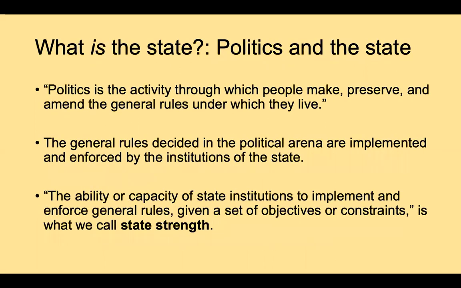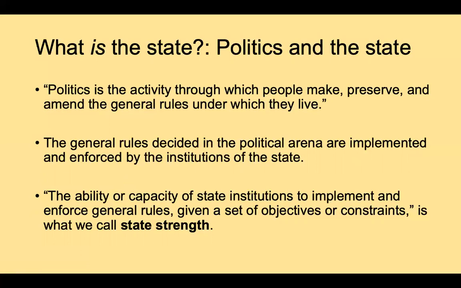Now, the question of politics in the state is an important question, and it helps us to understand how these big concepts relate to each other and how, as we go forward, politics will remain important to what we do with the state. Now, we understand politics as the activity through which people make, preserve, and amend the general rules under which they live.